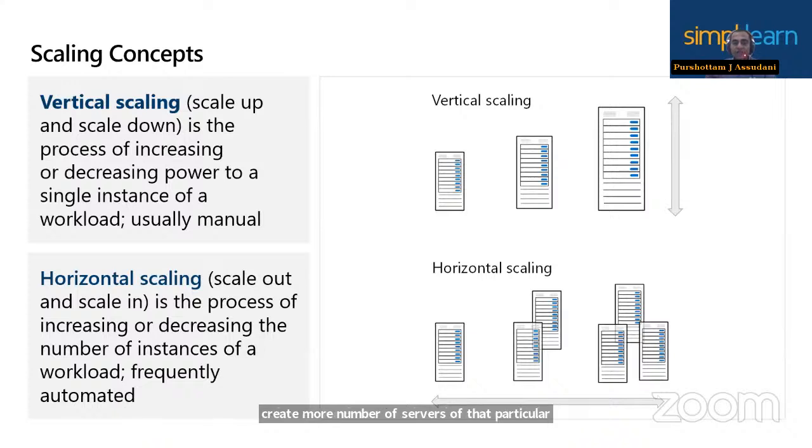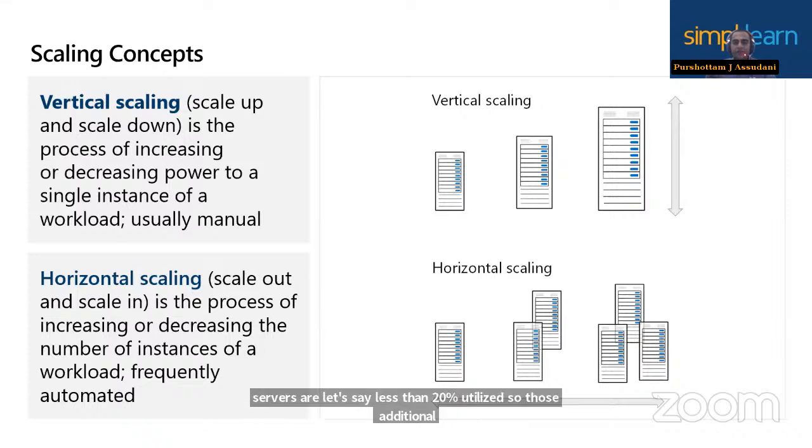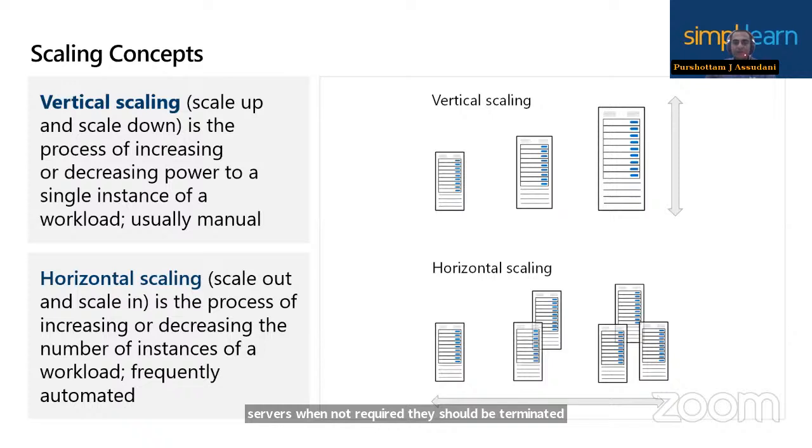Ideally, you should have this done in an automated manner, so that when the load increases, new servers are created automatically. And when the sale days are over and the servers are, let's say, less than 20% utilized, those additional servers should be terminated so that you are not paying for them when not required.